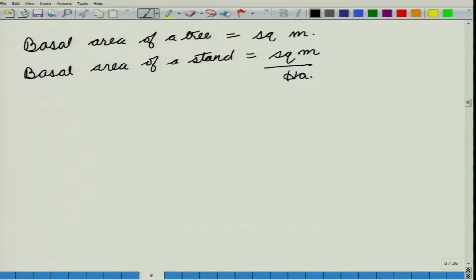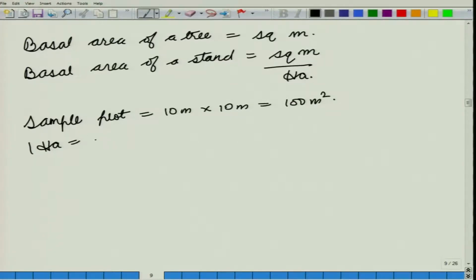Now in our question we are given that the sample plot is 10 meters by 10 meters, which is 100 square meters. Now 1 hectare is defined as 100 meters by 100 meters, which is 10,000 square meters.